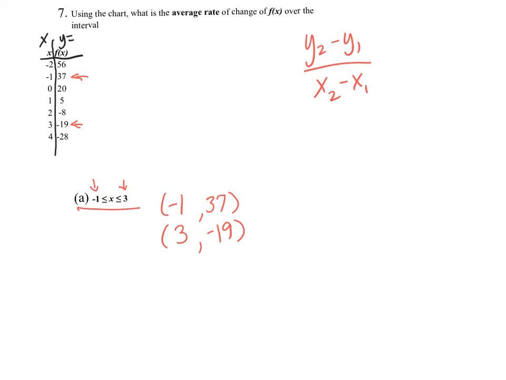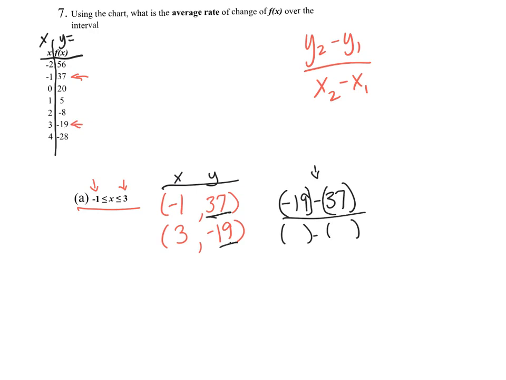Okay, so we can use this to calculate our average rate of change because we have our x values and our y values. So we can say -19 minus 37, because remember we're just plugging in our values, but the sign right here is still going to be negative. Okay, and then we plug in. So we have -19 minus 37, and then we have 3 minus -1.